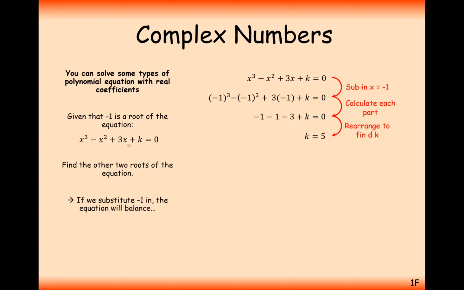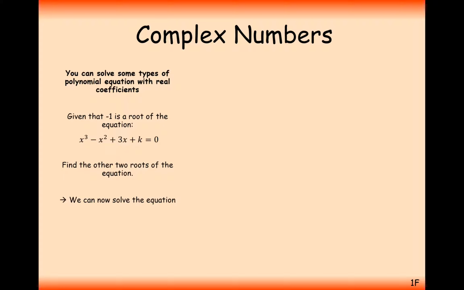Okay, so k is 5, we know that, but the question here is find the other two roots of the equation. Now if we know that this is our polynomial here we need to work with, and if we know that minus 1 is a root, then we know that we can factorize this with an x plus 1. Now it's a minus 1 here. Why is it factorized with a plus 1?